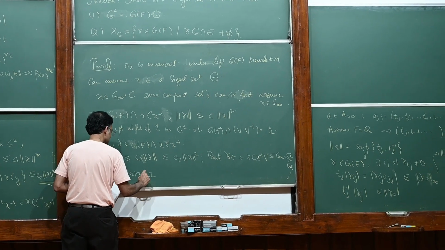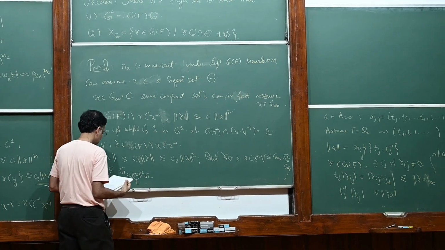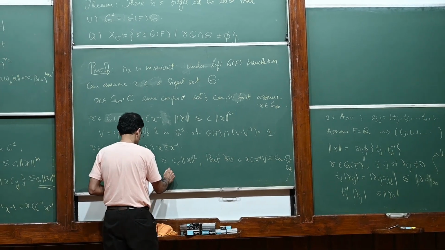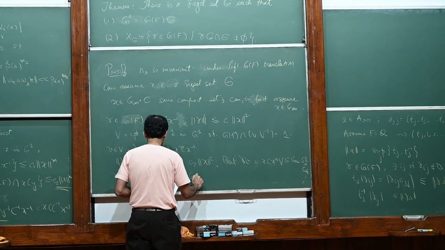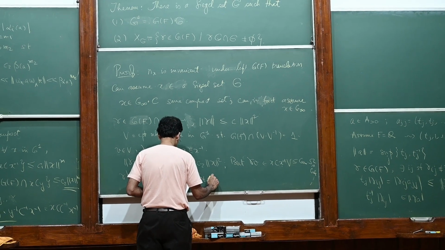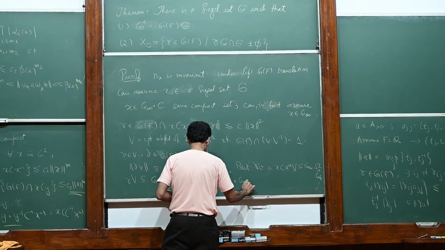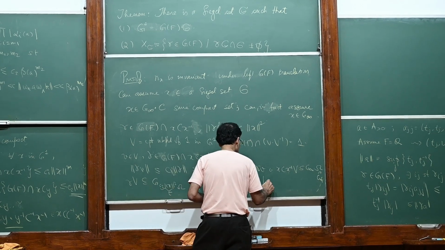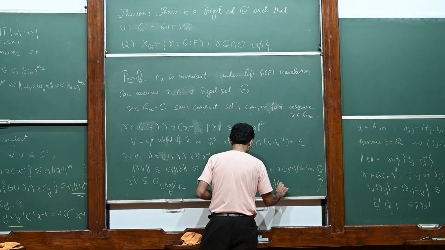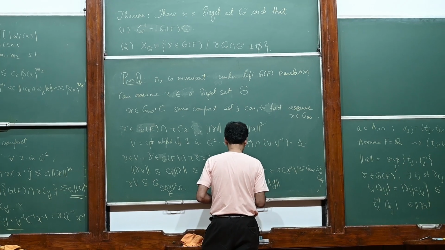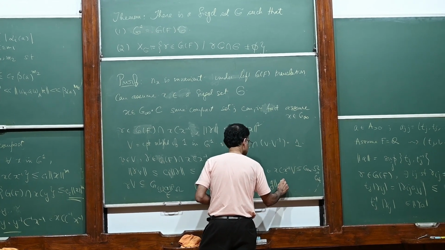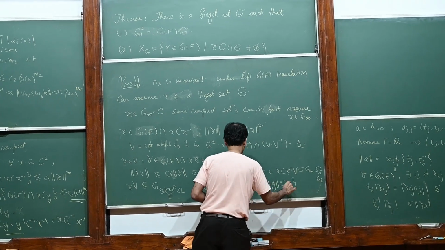This is what I'll call T. Okay? And what is G T omega? It is going to be the set of g in G infinity omega such that norm g is less than or equal to T.